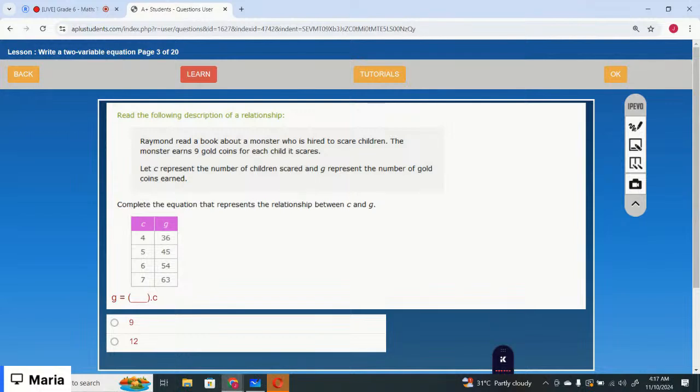Complete the equation that represents the relationship between C and G. So, which is the correct option? G equals the missing number times C. So, what number is missing?